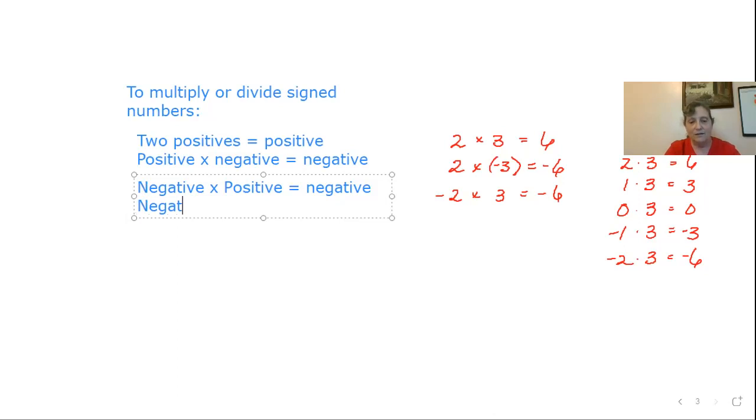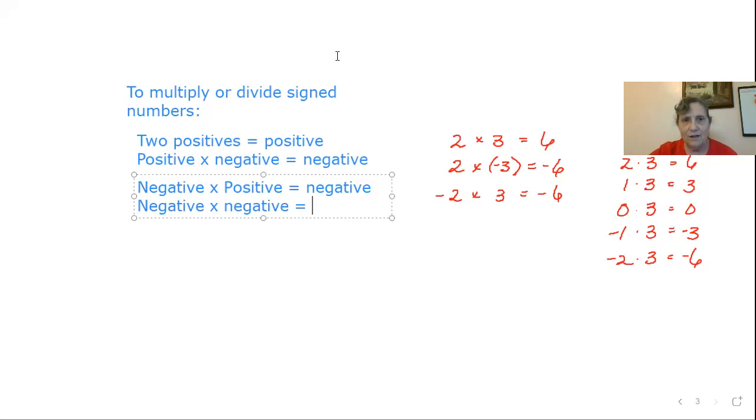What about a negative times a negative? Well, so far we've got 1 positive and 2 negatives. So it kind of evens it out if this is a positive, but it doesn't seem to make nearly as much sense intuitively.